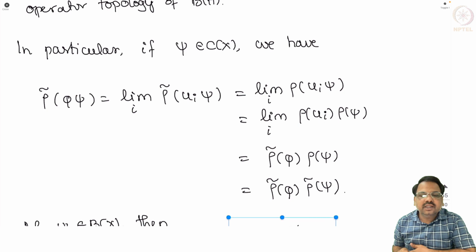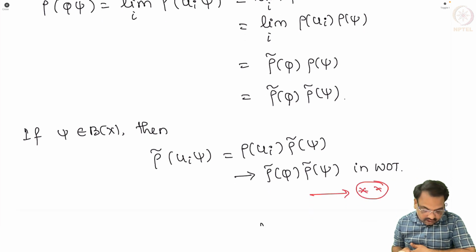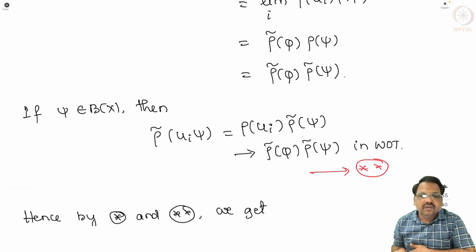Now if ψ is coming from B(X), then we have to show that the same equality holds true. So let us take ψ from B(X), that is, ψ is a bounded Borel function. Then we have ρ̃(u_i ψ) is nothing but ρ(u_i) ρ̃(ψ), because of the earlier observation.